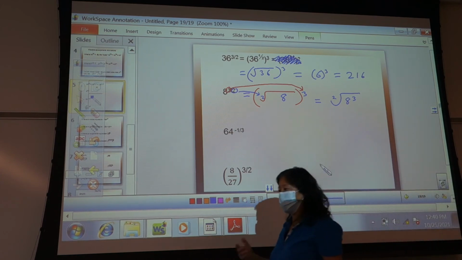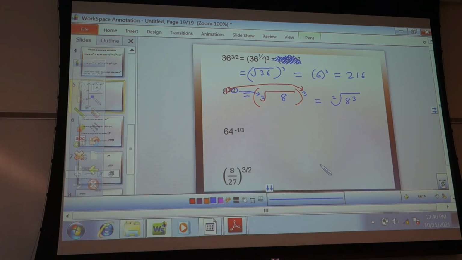So we need to find 8 to the third power, which means I need to bust out my calculator. These are the same, right? Yep, those are the same. 8 raised to the third power is 512. Oh man, I screwed up. This is supposed to be to the 2/3, not to the 3/2.